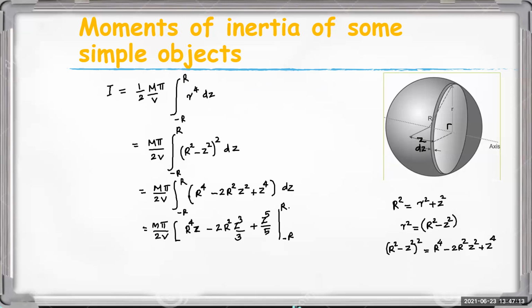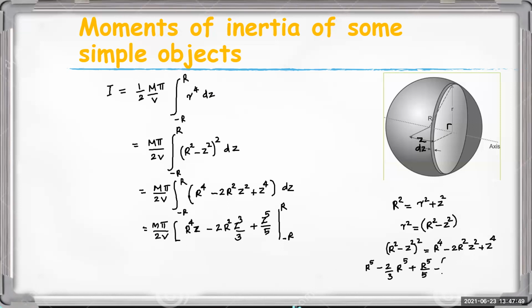So the process of giving the limit will be done here. First we give the upper limit. Then the first term will be R raised to 5, minus 2 by 3 R raised to 5, plus R raised to 5 by 5.